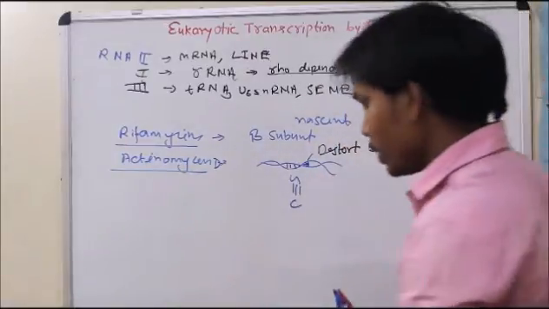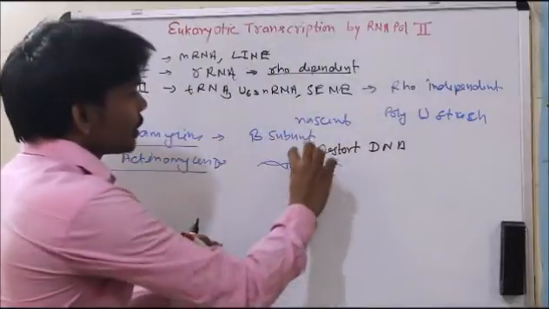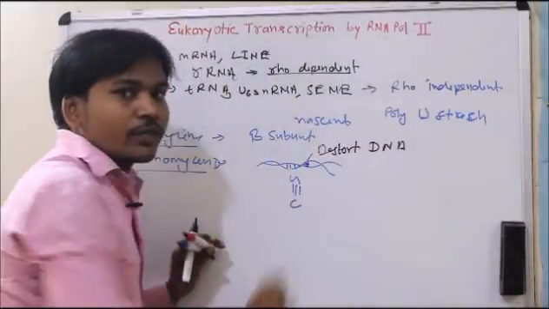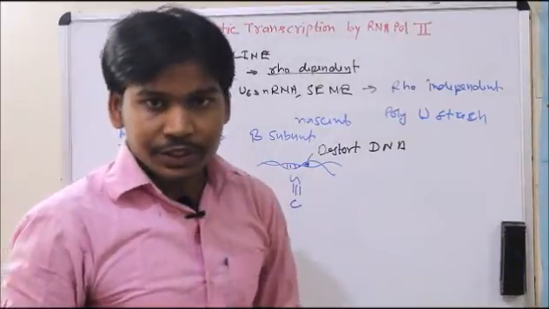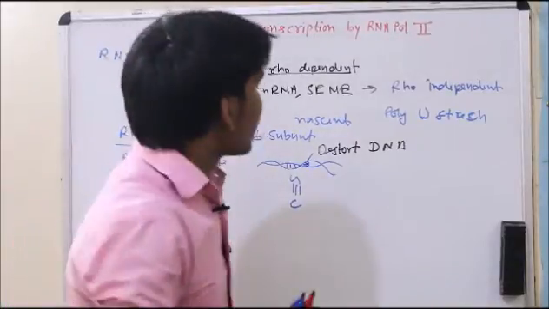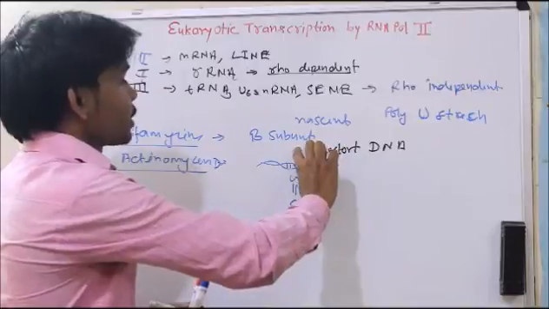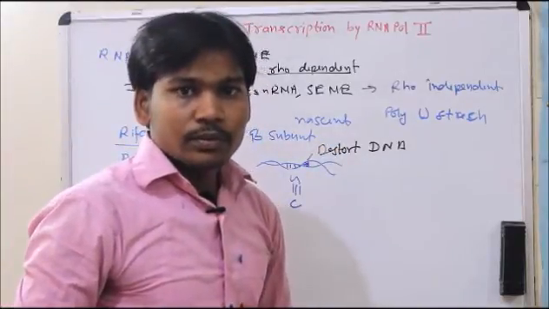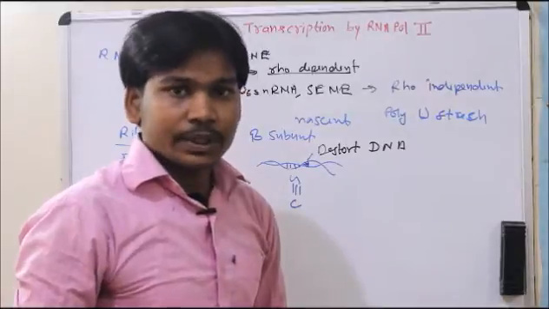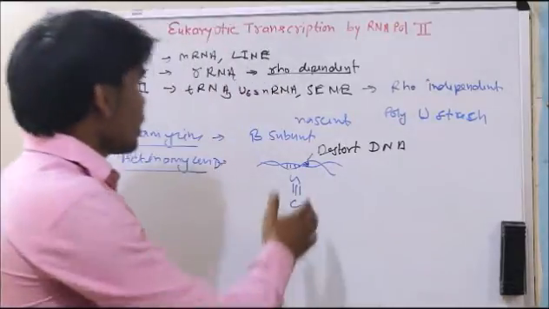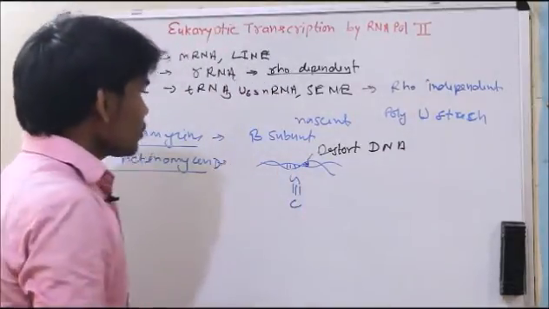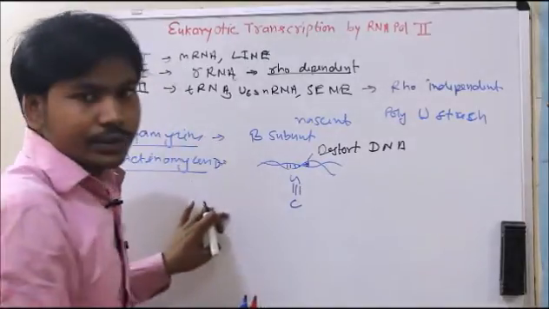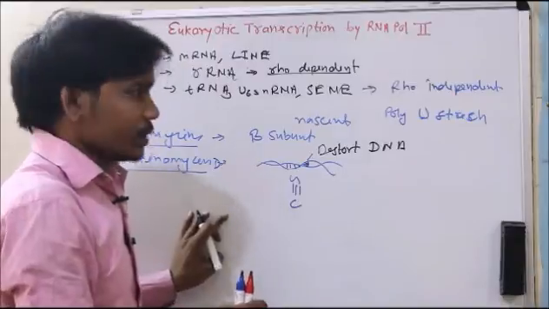Due to this, further synthesis or transcription would not take place by RNA polymerase II, because RNA polymerase II needs to move for the transcription. So these are the inhibitors in eukaryotic transcription.